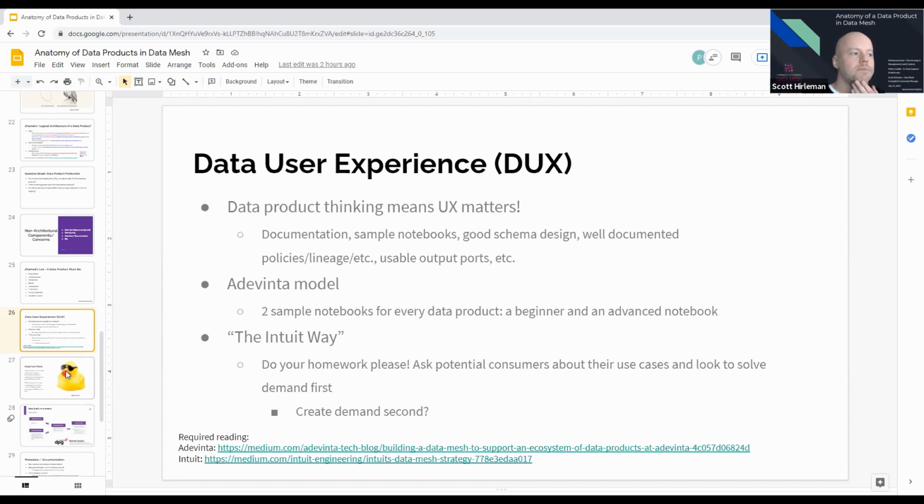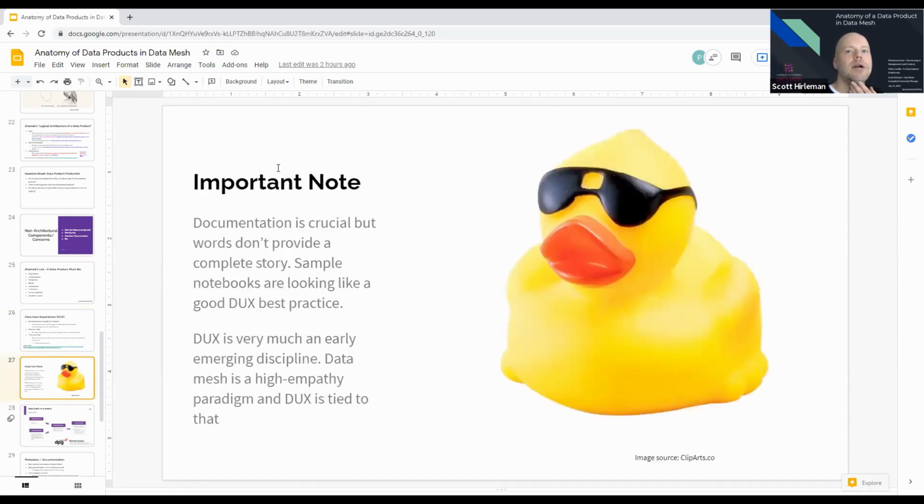And then, an important note around ducks: documentation is crucial. You must have documentation. It is required. That is not up for discussion. I'm sorry, but words don't tell a complete story, right? I write horrible documentation. I don't understand how other people talk. Highly neuroatypical.